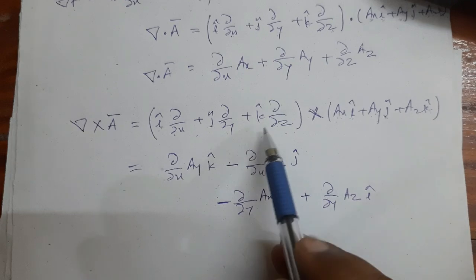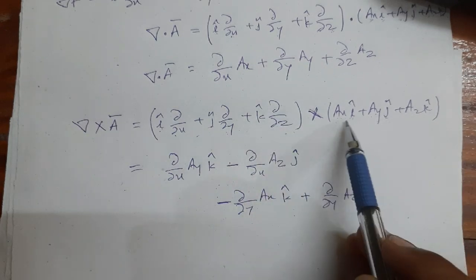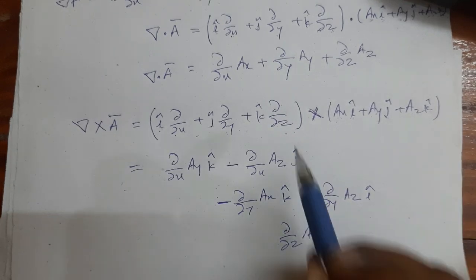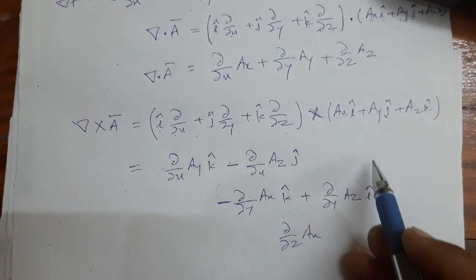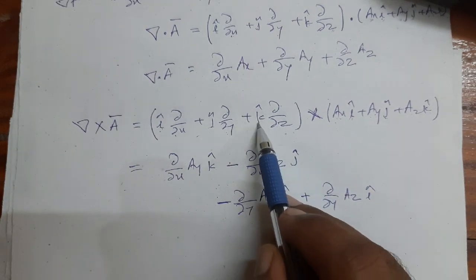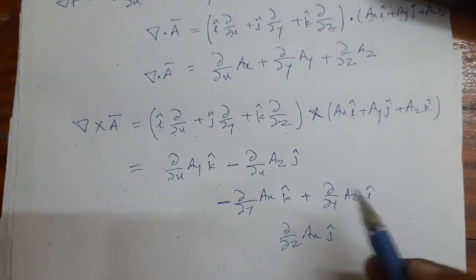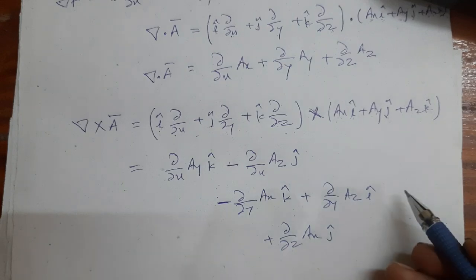Then the next term, we will have to operate k cap ∂/∂z on these three. Therefore I will write it is ∂/∂z of ax if I operate this on the first x component of a bar, and k cap cross i cap is equal to j cap, correct? They are cyclic, k, i, j, and therefore it is with plus sign.